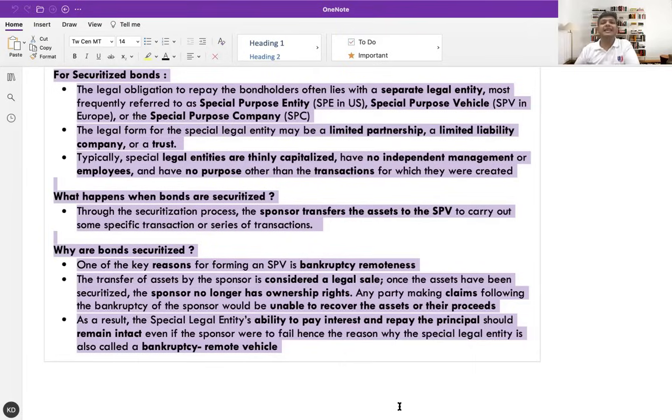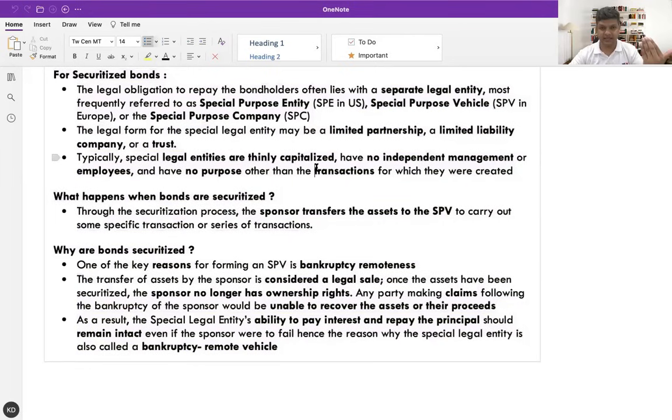But between them, they create a structure which is called a special purpose vehicle, or SPV. That SPV is the company formed between the company which is selling the loan portfolio and the company which is going to invest in the securitized bonds, and that SPV may be the legal entity in this case.